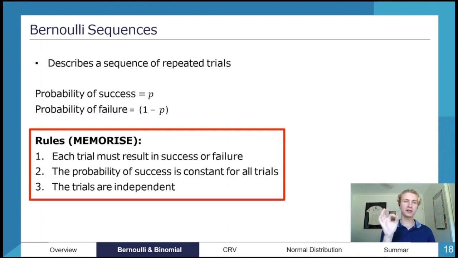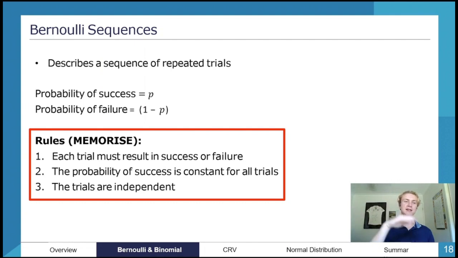Bernoulli sequences, number 3 on what we are going to talk about today. Bernoulli sequences describe a sequence of repeated trials. One thing to note is Bernoulli sequences are always success and failure. That is essentially what is going on here.